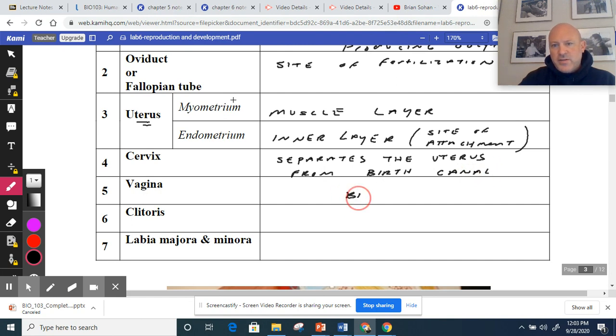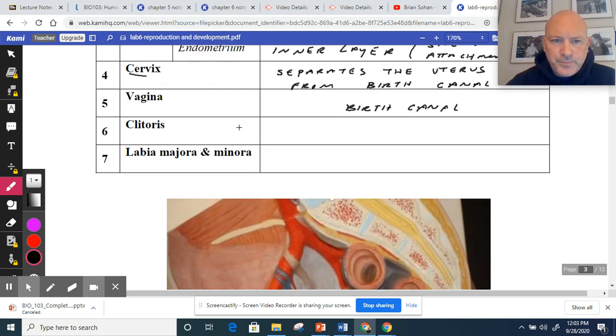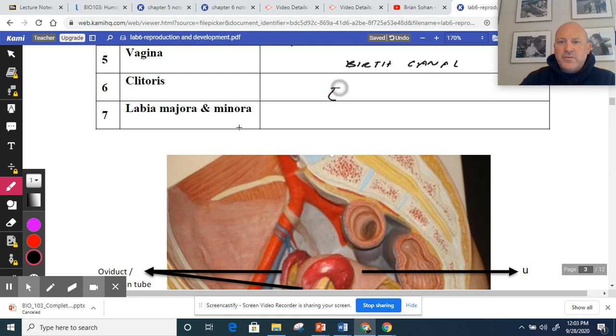The birth canal is separated from the uterus through this structure called the cervix. And then we have external structures.